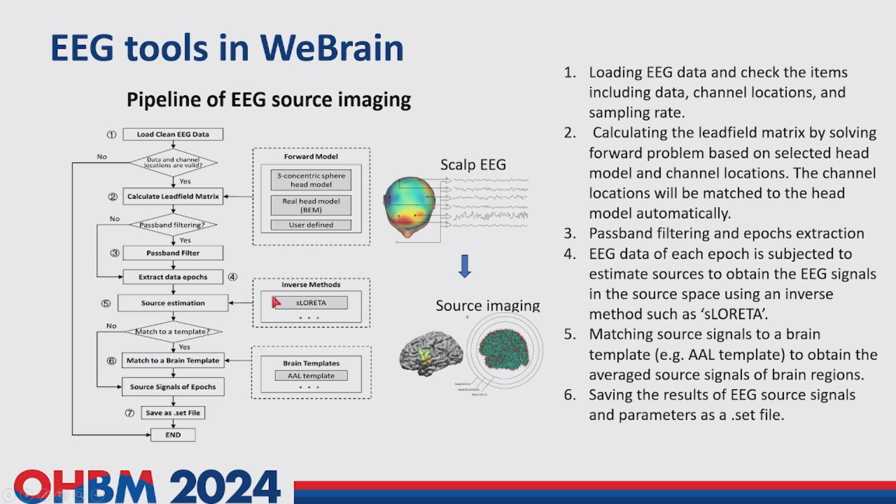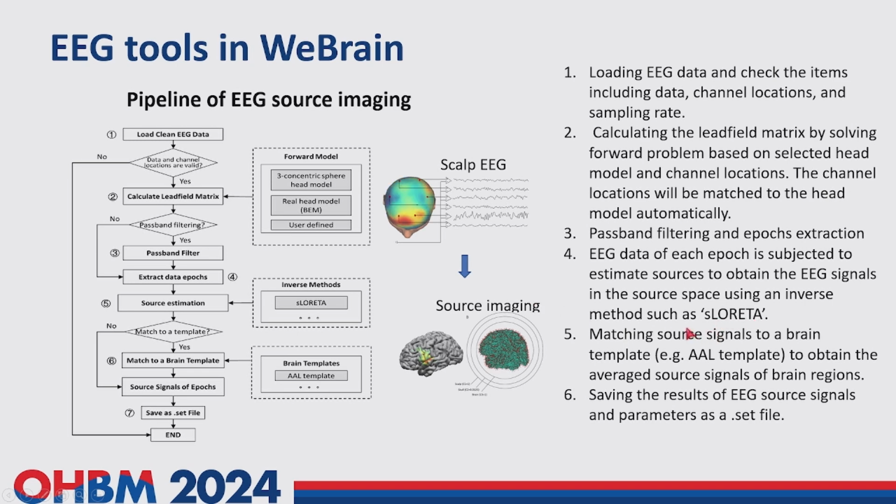And after the passband filtering and epoch extraction, the EEG data is used to estimate the sources and obtain the EEG signals in the source space using inverse methods, such as sLORETA here.